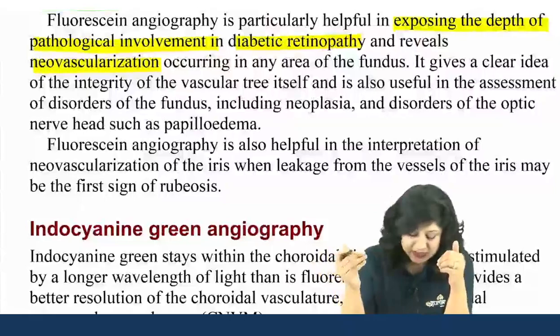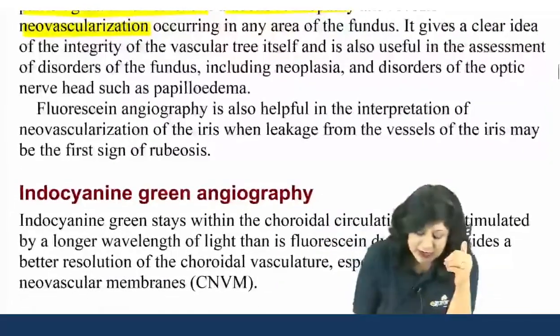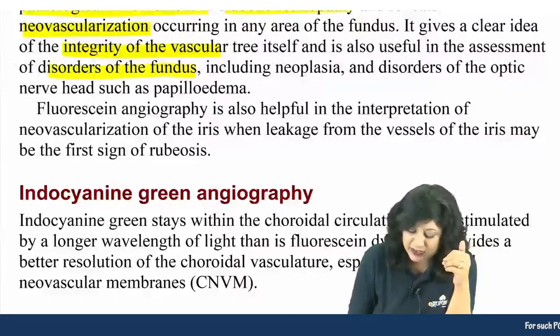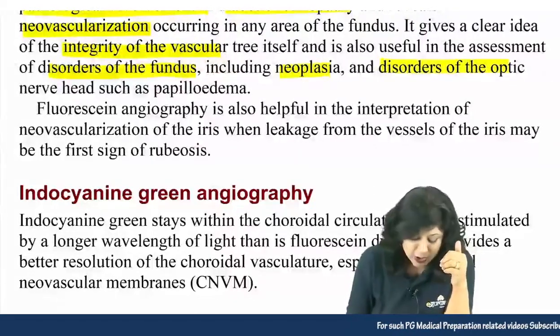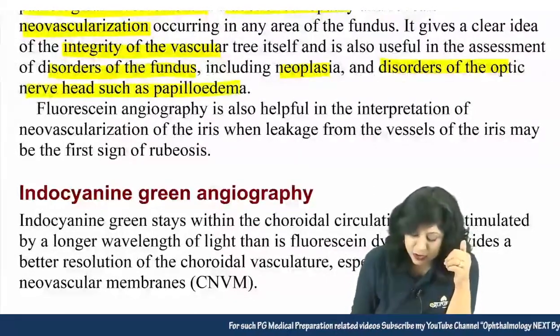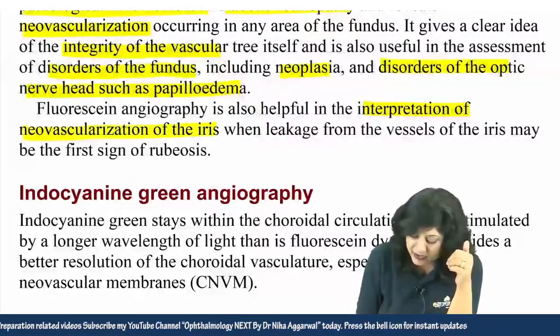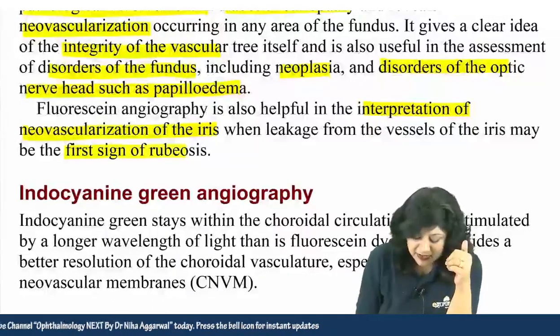It gives a clear idea of the integrity of the vascular tree in the assessment of disorders of the fundus, neoplasia, and disorders of the optic nerve head like papilledema. It is also useful in the interpretation of neovascularization of the iris, where you have the first sign of rubeosis.